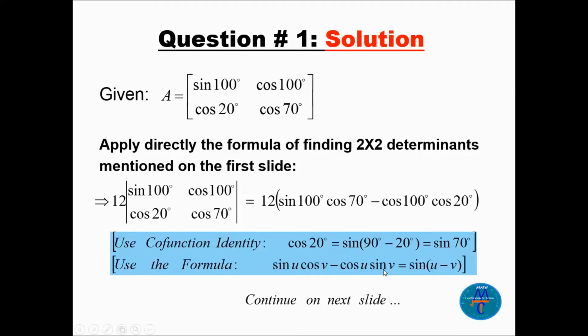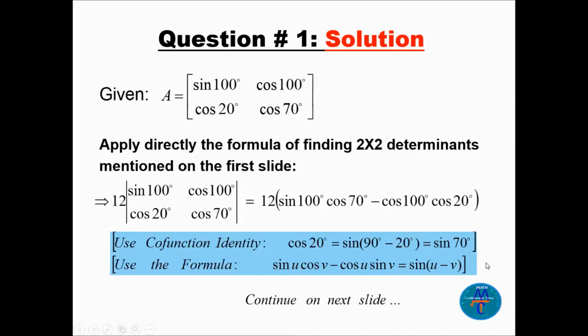So this is complementary function. Cosine 20 is equal to sine 70 simply. So replace cosine 20 here in the next slide by sine 70. Then we have to use this formula. Sine of u, cosine of v, this is 70, cosine of u, that's 100, sine now of 70. So I can use it as sine u minus v.